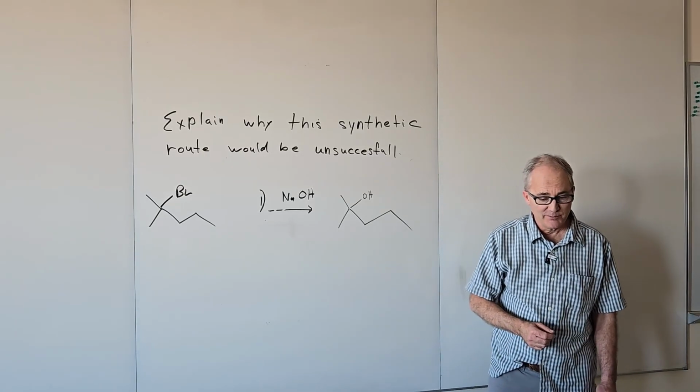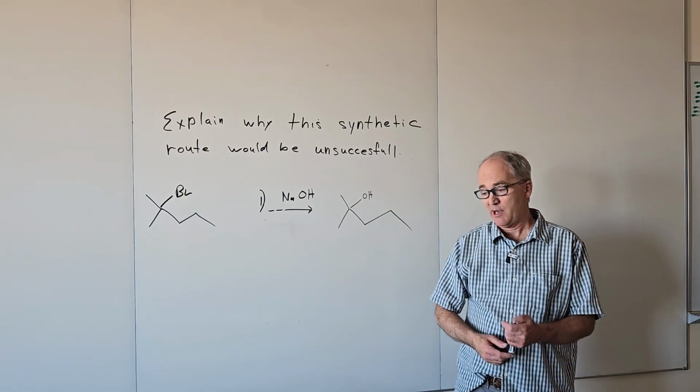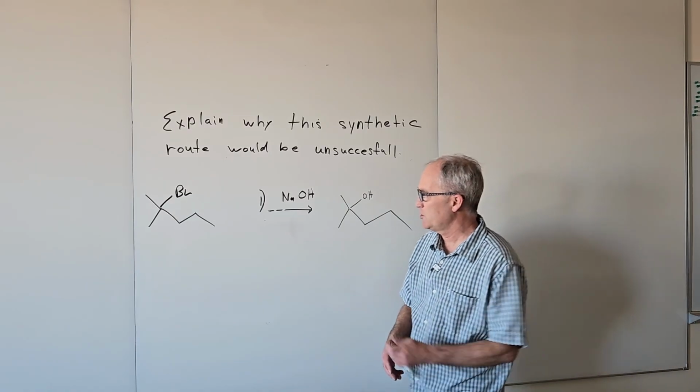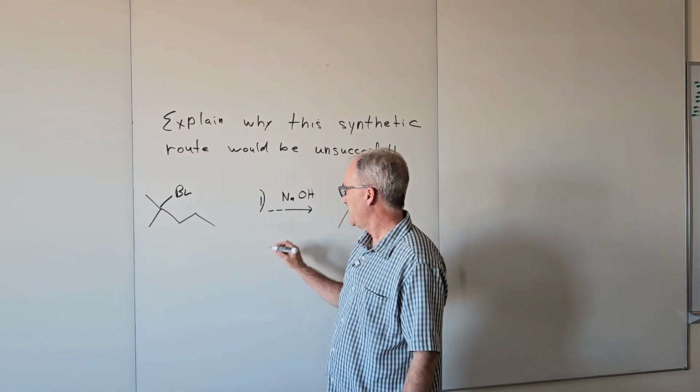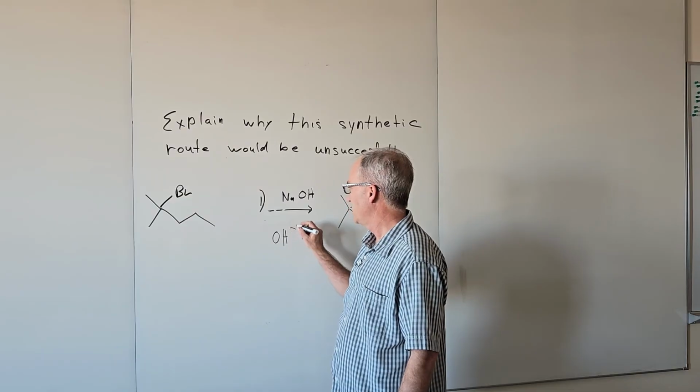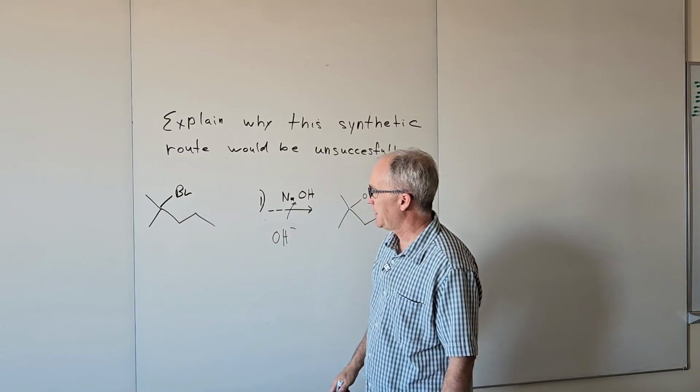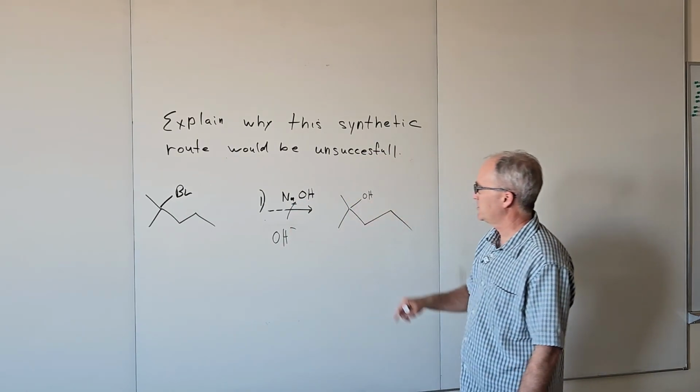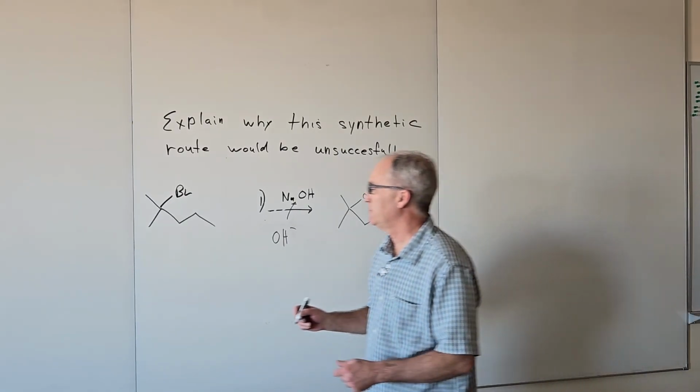Explain why this synthetic route would be unsuccessful. In the alcohol chapter, we saw we can make alcohols by substitution. Here's an alkyl halide, and there's the nucleophile, implying a substitution reaction. Absolutely.